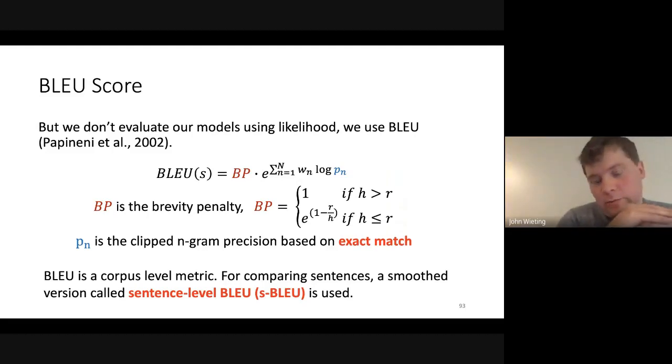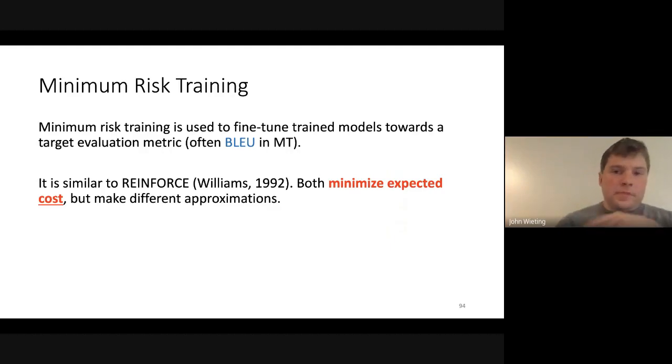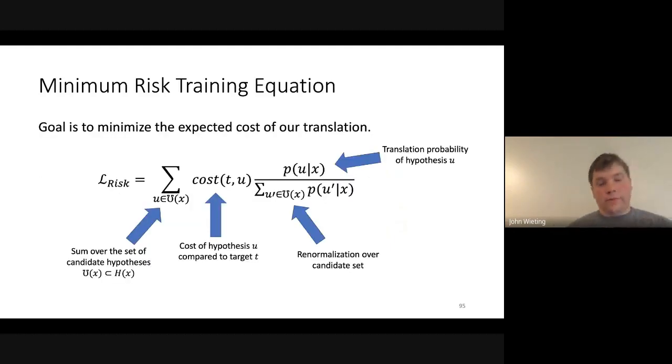BLEU is very sparse at the sentence level, so people commonly use REINFORCE, or minimum risk training, which is quite similar. They're both optimizing the expected cost or reward, but they do it differently. We use minimum risk training, and it seems to work a little bit better for us, but that's very debatable.